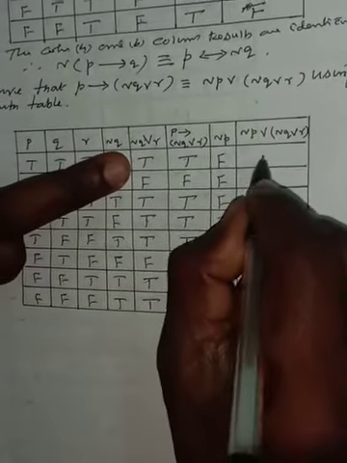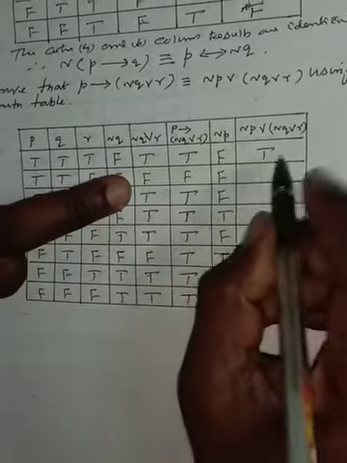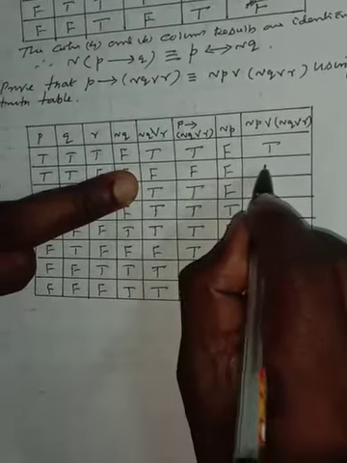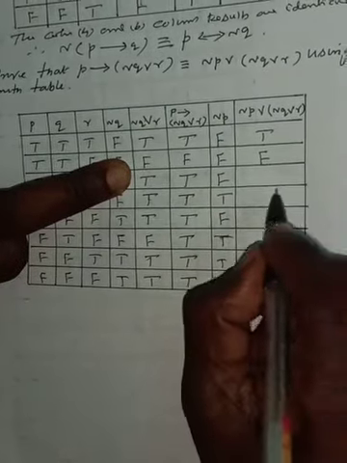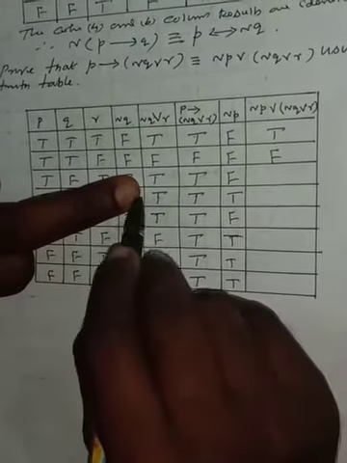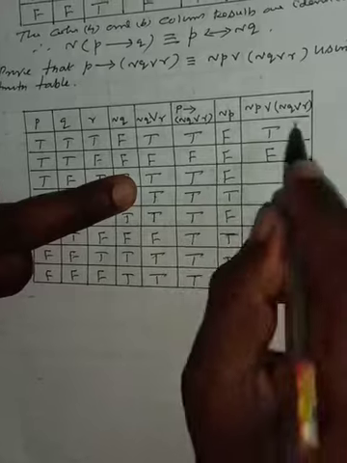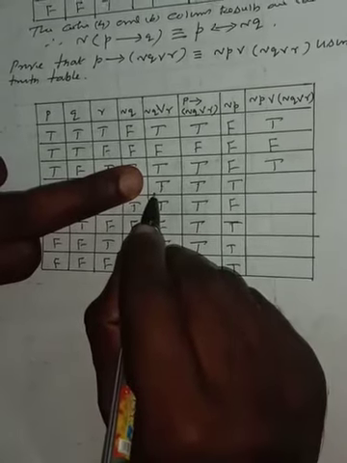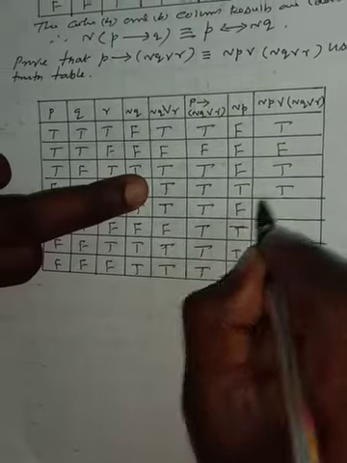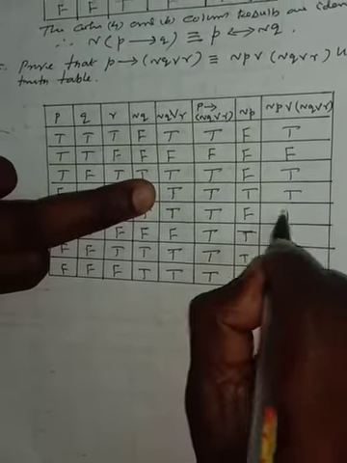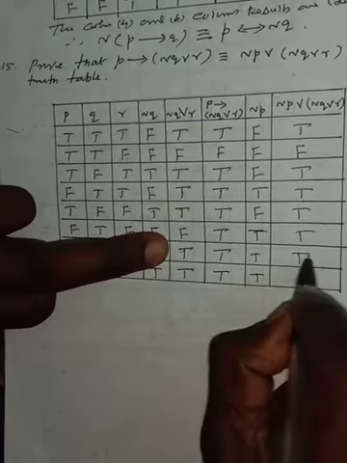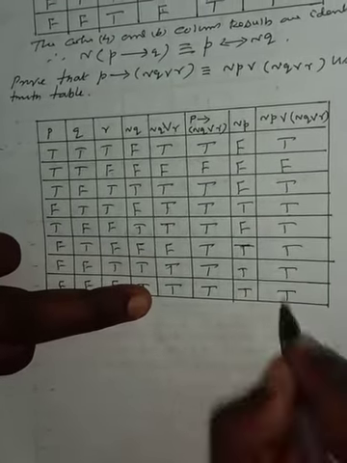T, F means T, FF means F. R symbol is F. Next TF. R symbol is T. Next T, T, T, F, T, T, T.